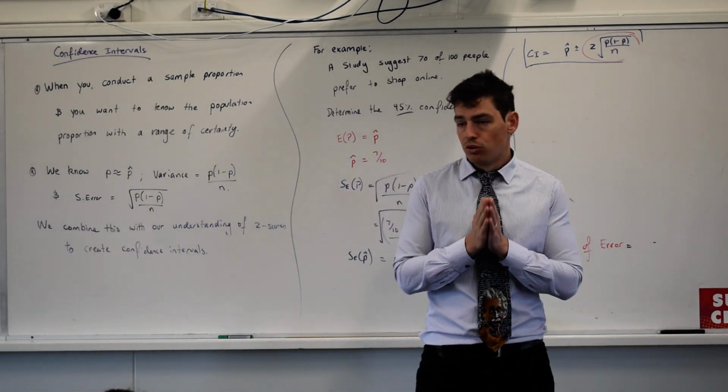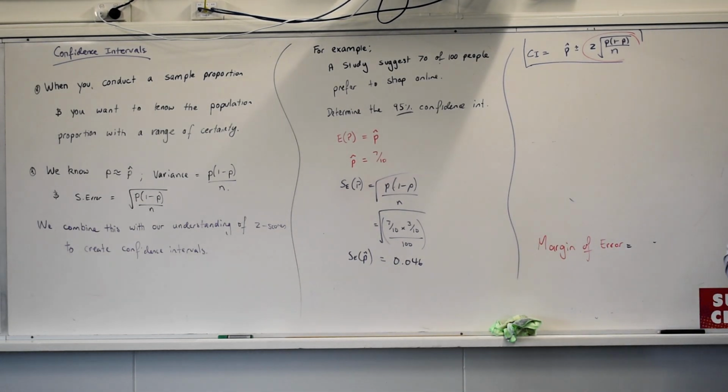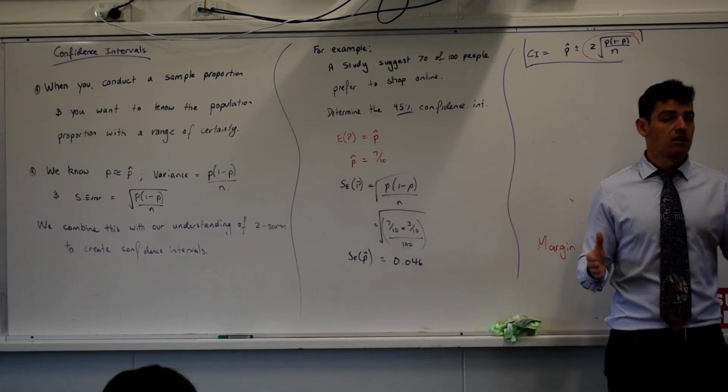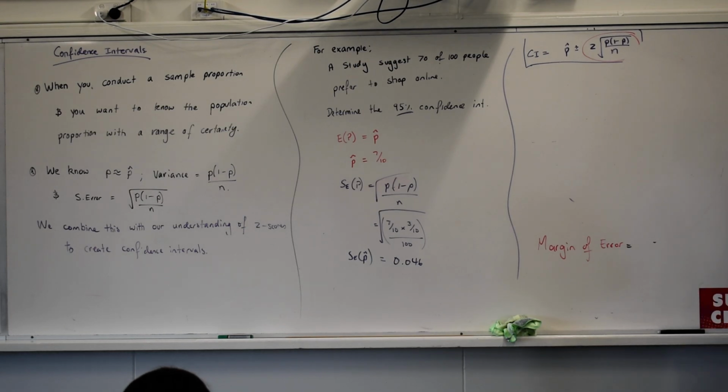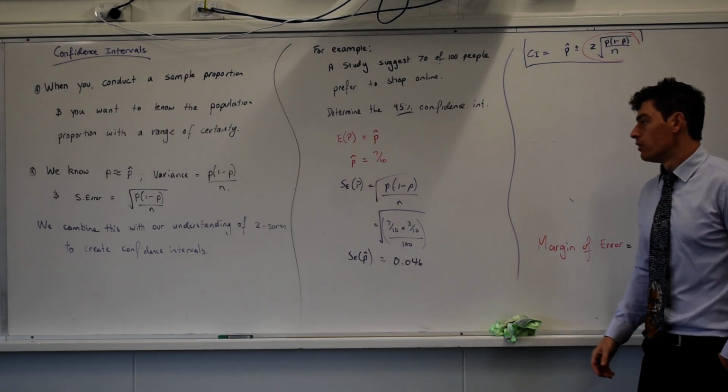So if I do a sample proportion and I find out a value, I want to know with what certainty does the actual value of the population sit, and how confident can I be about that?